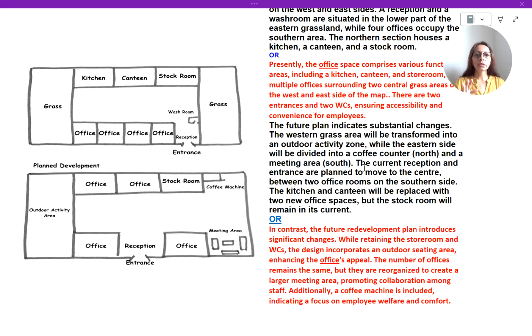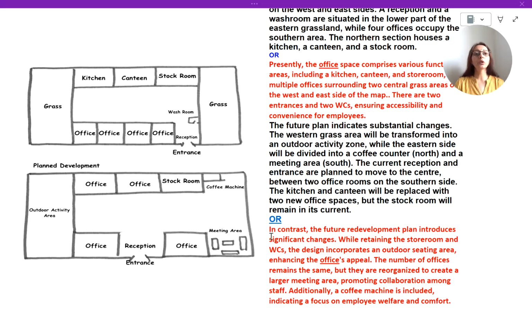Okay, so the current reception and entrance are planned to move to the center between two office rooms on the southern side. The kitchen and canteen will be replaced with two new office spaces, but the stockroom will remain in its current place. So, in a simple way, using directional words, you have explained everything.